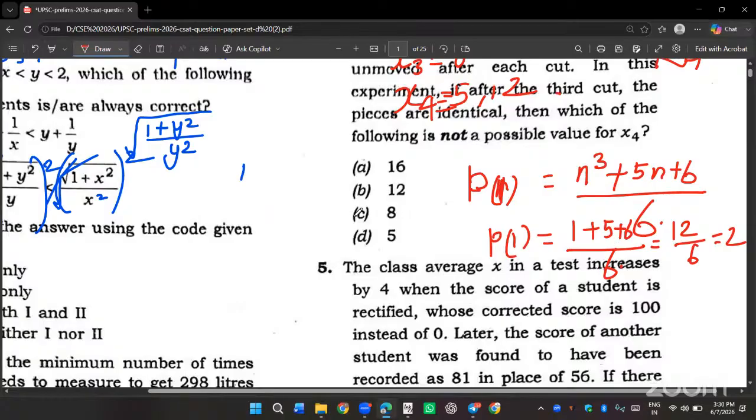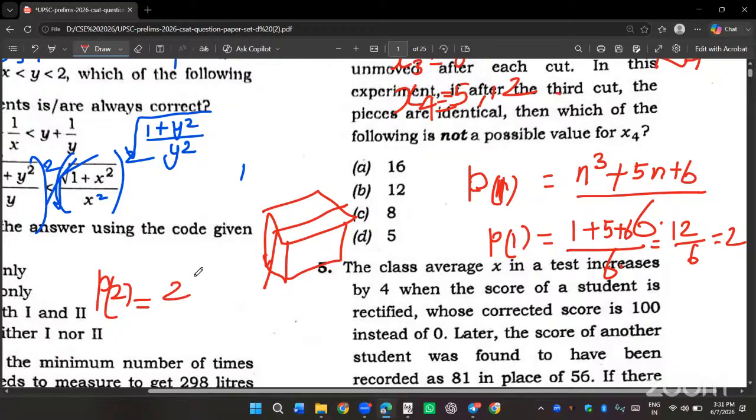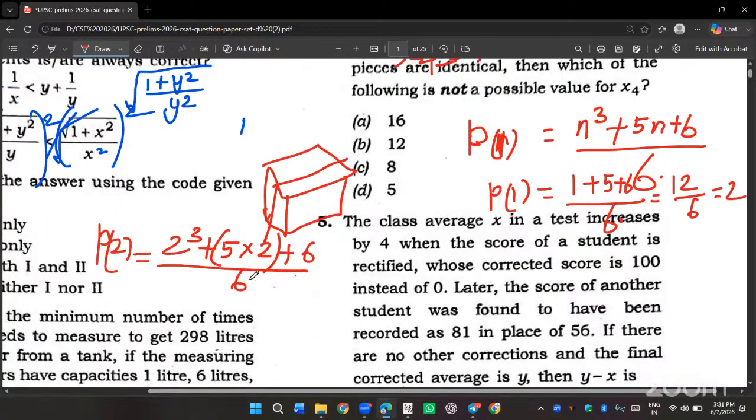It means I take this cube, I cut one time, what do I get? 2 pieces. Then when I cut the same 2 times, what will I get? 2 cube plus 5 into 2 plus 6, divided by 6. Okay.